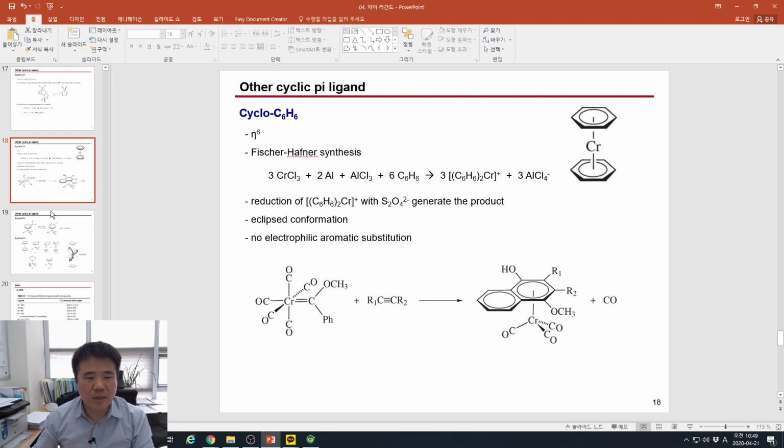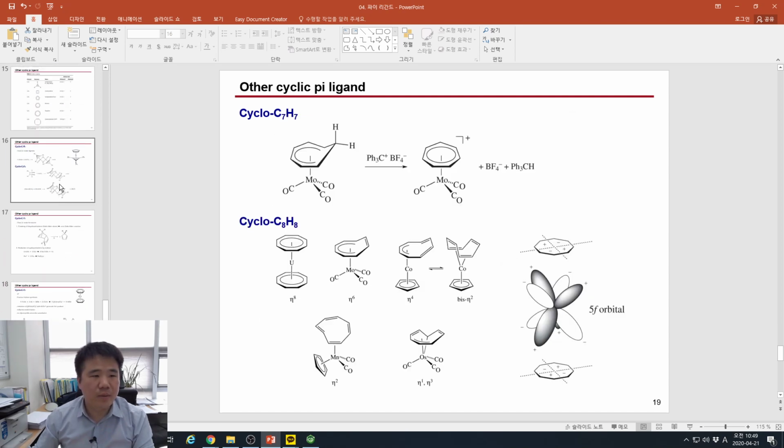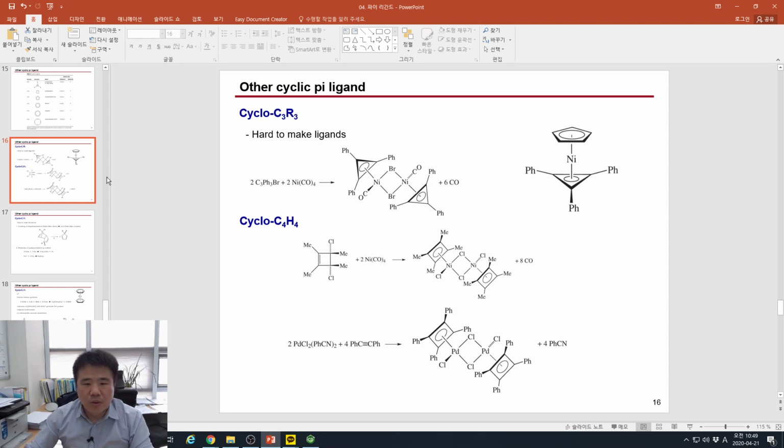So these are examples. 7-membered, 8-membered. If you think about this type, actually here is an anion, here is an anion. So make this anion, anion. So 2 minus, 2 minus.